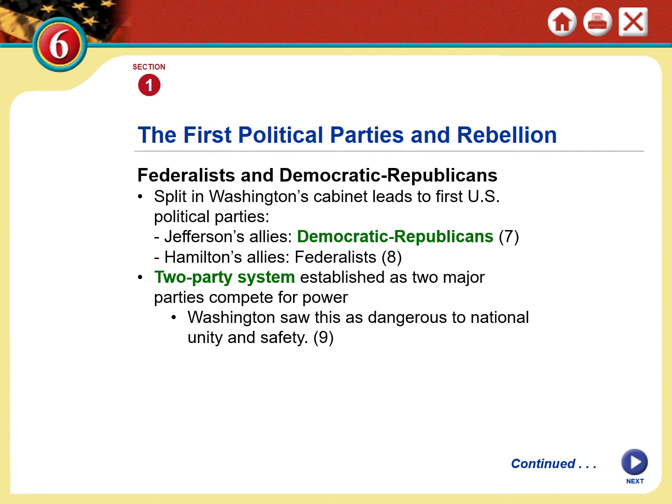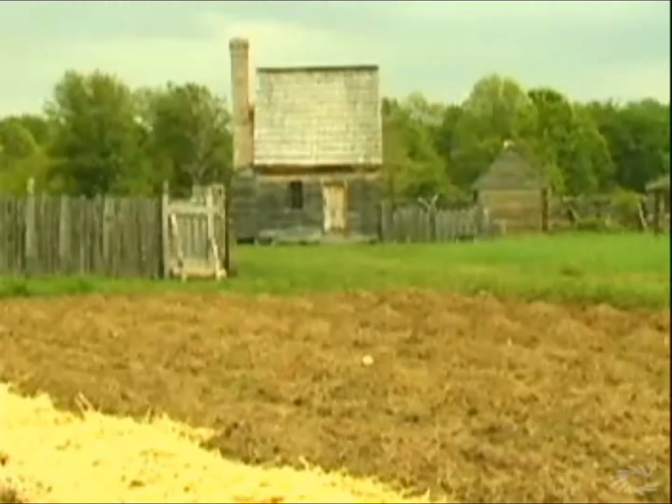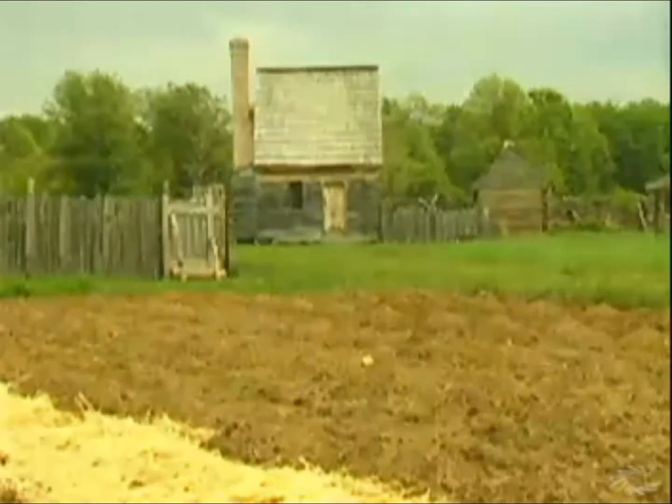In fact, he warned this could lead to a civil war if it continued. In the end, Jefferson's view prevailed in Congress, and Hamilton's plan for the industrialization of America was defeated.